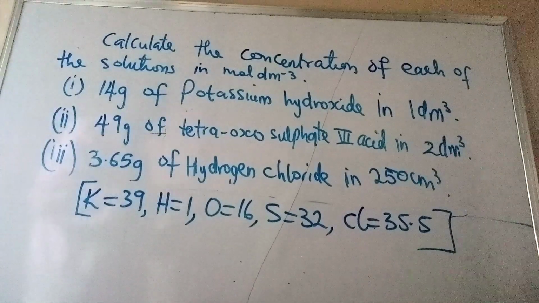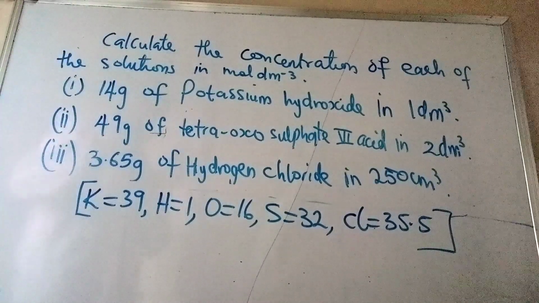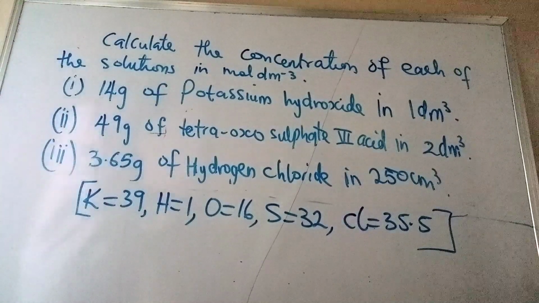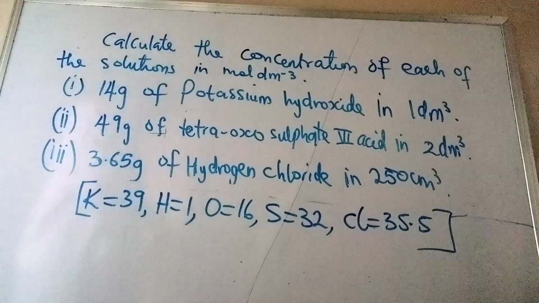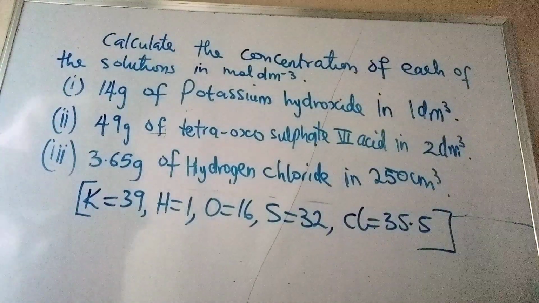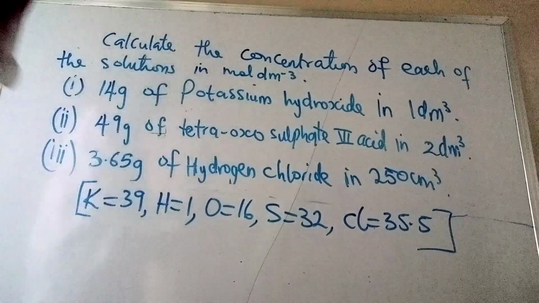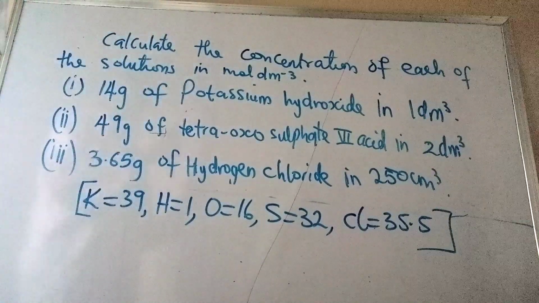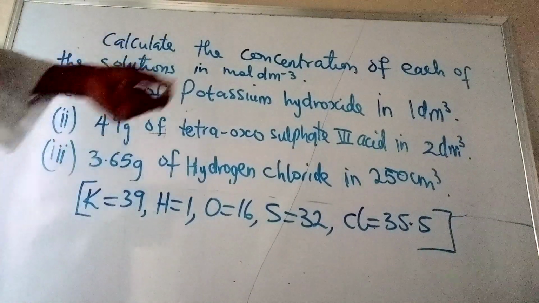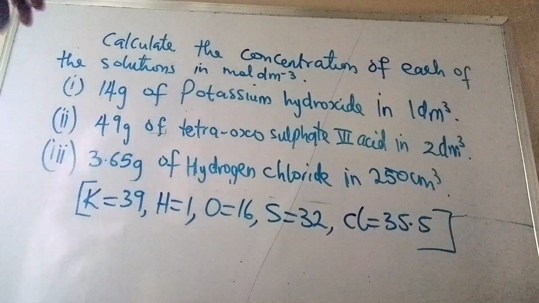Mole per dm cube means the amount of the solute or the salt, in moles, dissolved in 1000 cm cube or 1 dm cube of the solution. Again, molar concentration in mole per dm cube is simply the amount of the substance in mole that is dissolved in 1 dm cube of that solution.